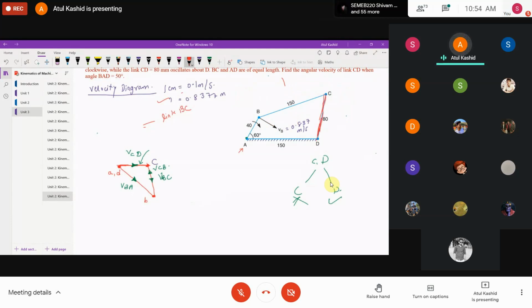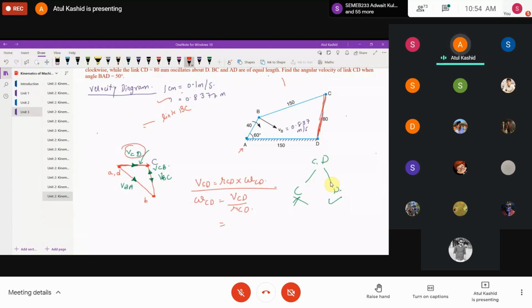So we have the formula V of CD equals R of CD into omega of CD, right? This formula we know very well. So how to find this? It will be omega CD equals VCD upon R of CD, right? What is VCD? VCD is not known now, but we can find VCD by using the length of the vector.